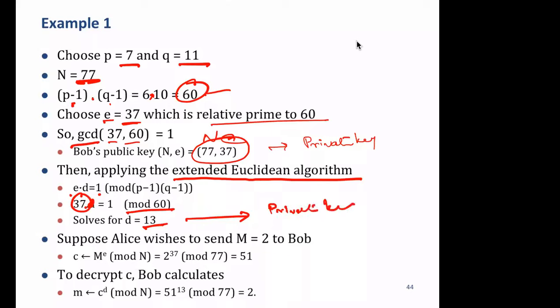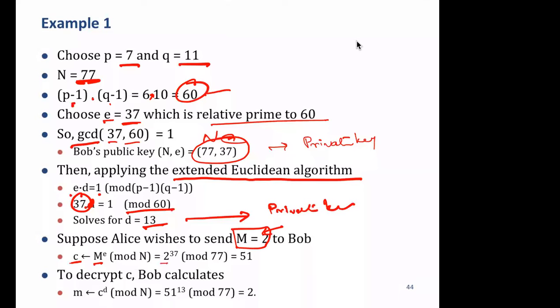So Alice wants to send a message, the number 2, to Bob. She will calculate a ciphertext C equal to M raised to the power E. Now E is given in Bob's public key, so it's known, which is 37.